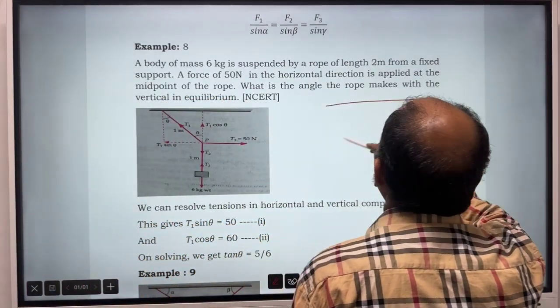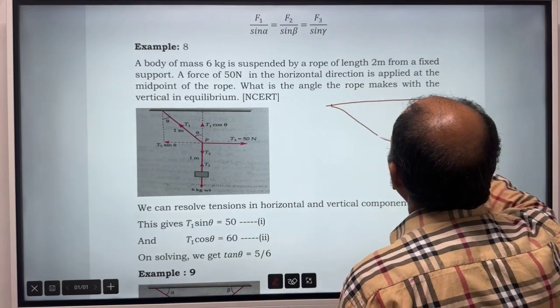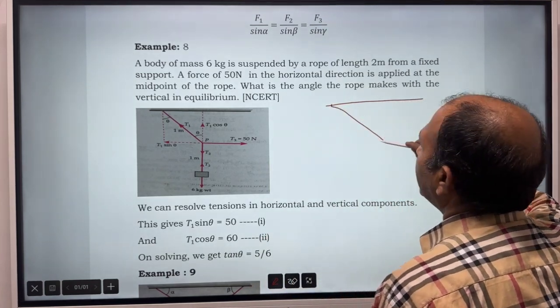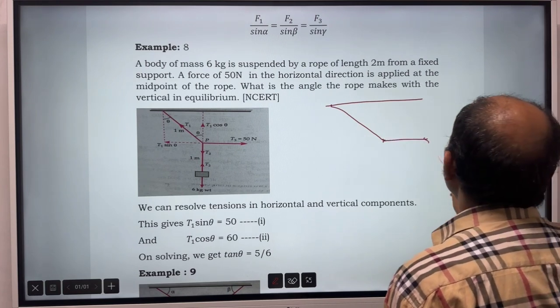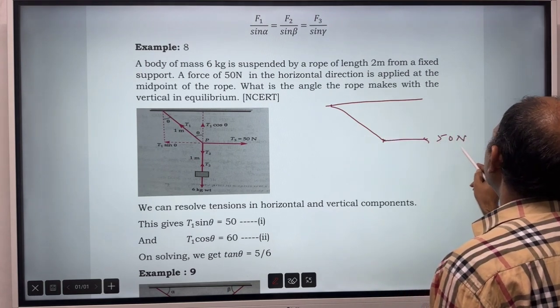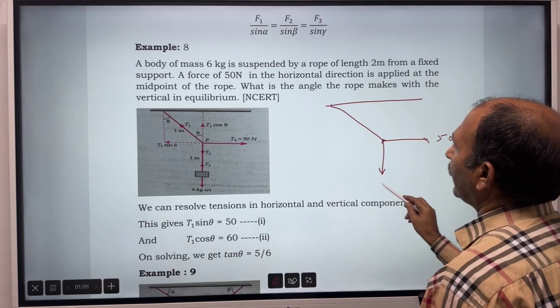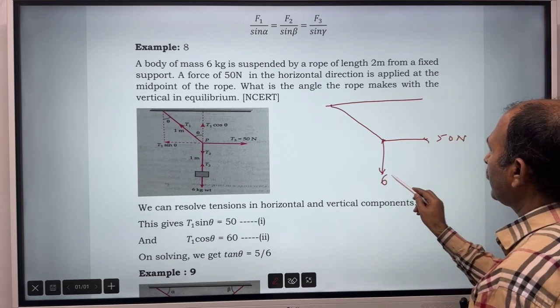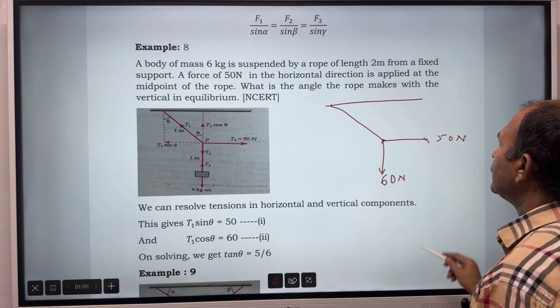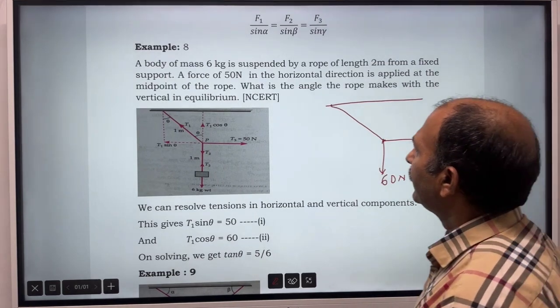Either we can draw the graph here also. So this is the rope, and here at this point one force is applied in this direction, that is 50 Newton, and then here there is 6 kg weight mass, so you can write it 60 Newton taking g equal to 10.